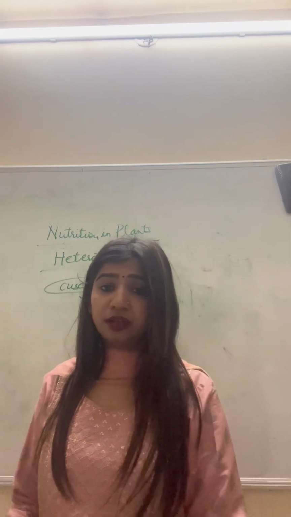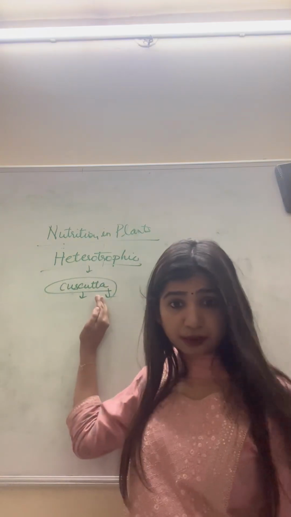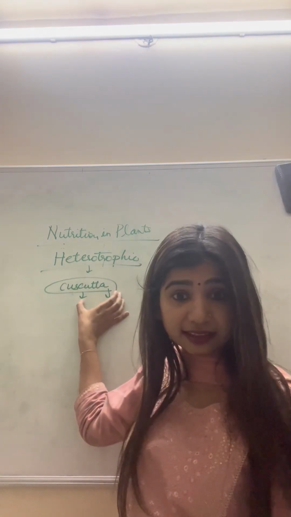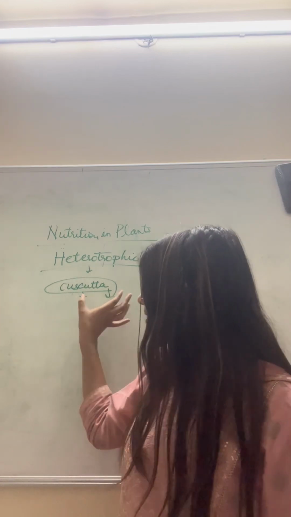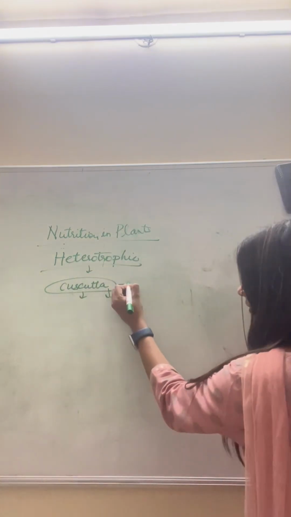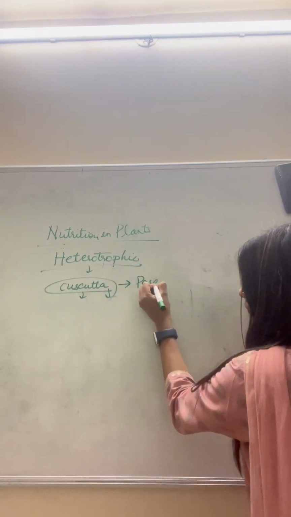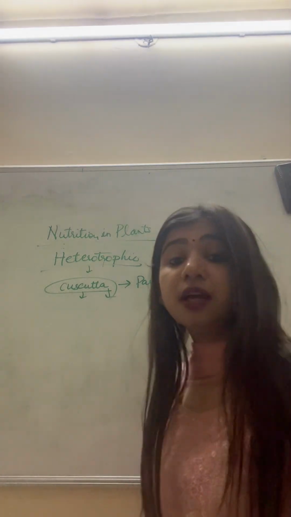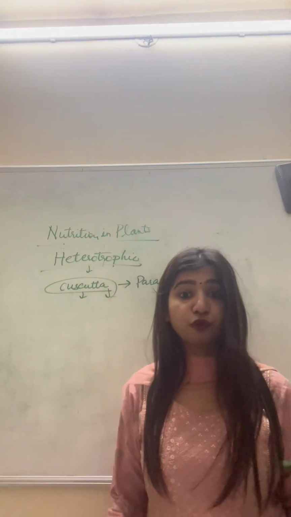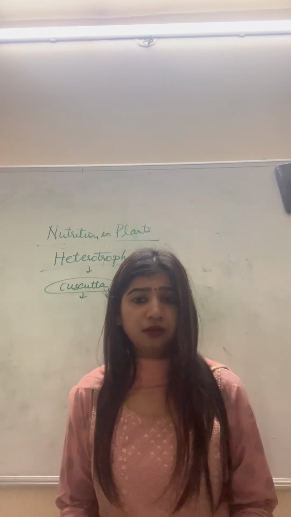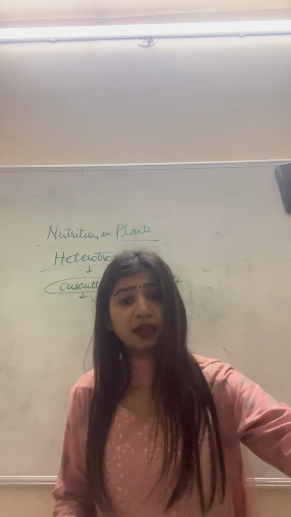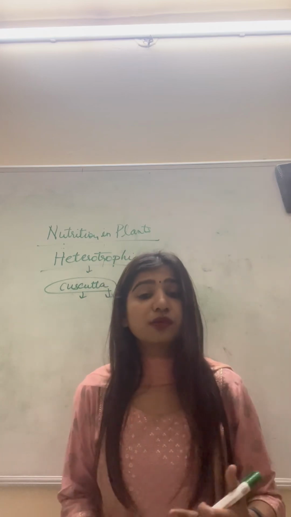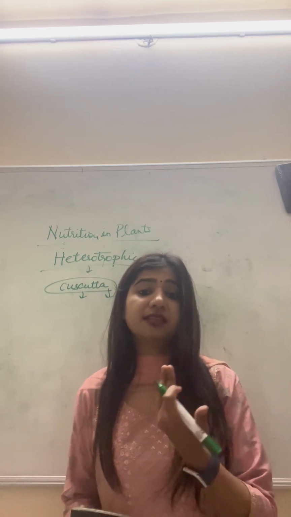That's why Cuscuta is called a parasite. Why is Cuscuta called a parasite? Because it is depriving the host plant of its nutrients. It is dependent on another plant for its nutrients, climbing on the other plant. So that's why Cuscuta is a parasite and a heterotroph.